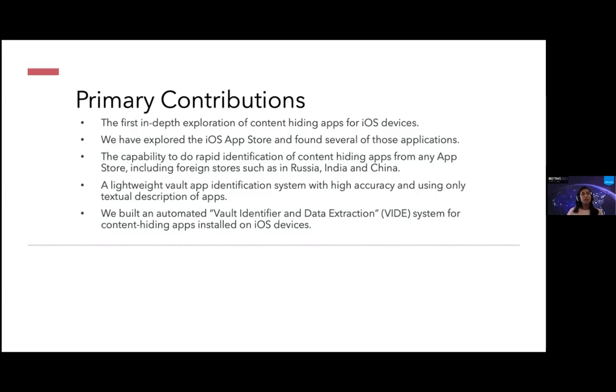Okay? The capability to do rapid identification of content hiding apps from any app store, including foreign stores such as Russia, India, and China. So this specific publication can actually identify applications from various different foreign app stores as well.